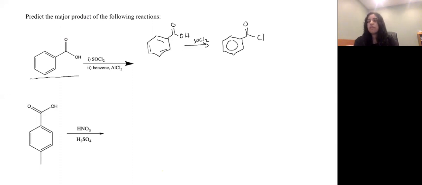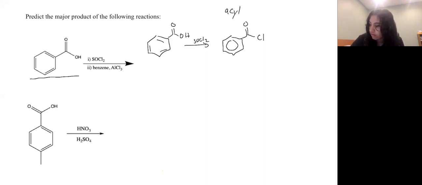So now we have a molecule that's a carbonyl with the halogen attached to it. Do you remember the special name for that? Yeah, it's an acyl halide.